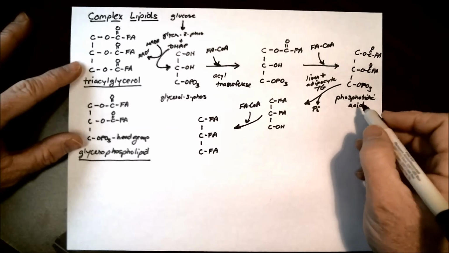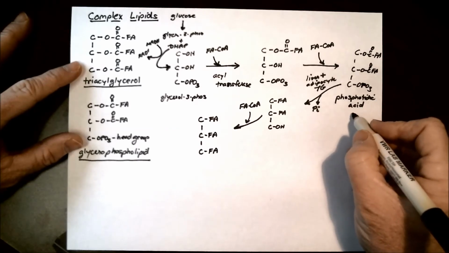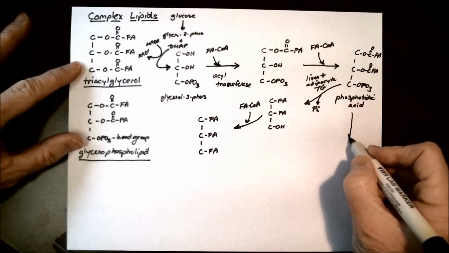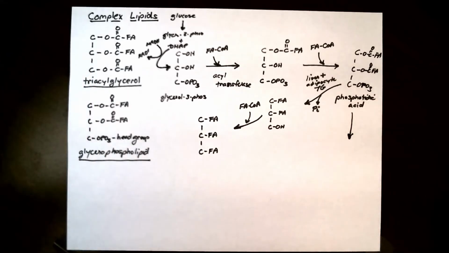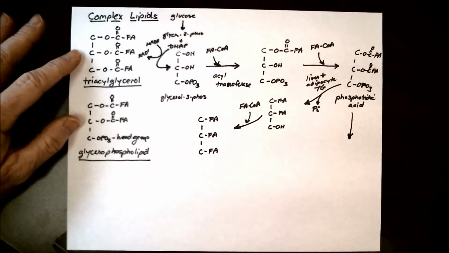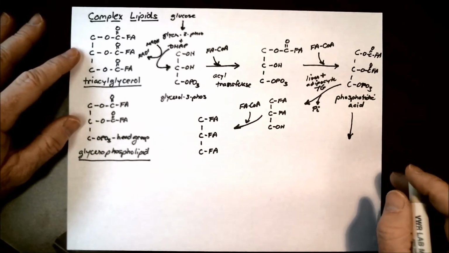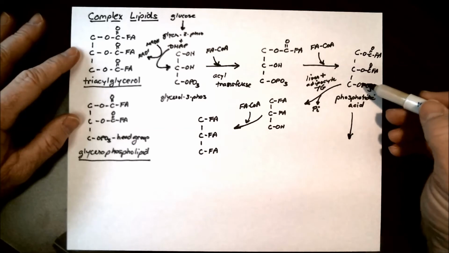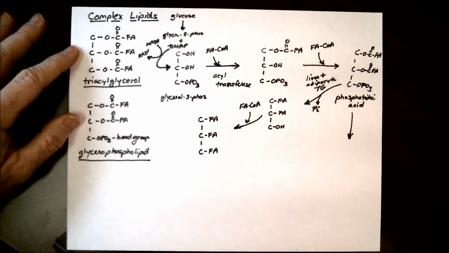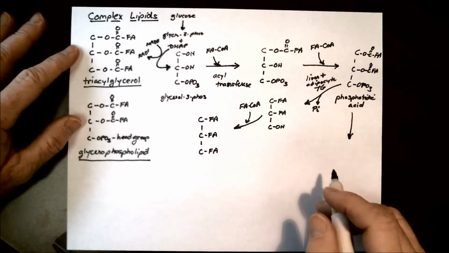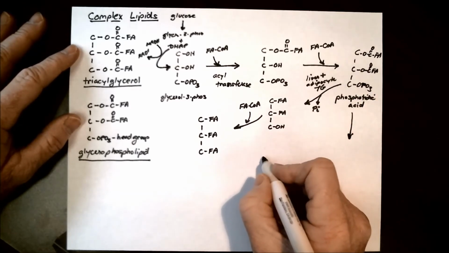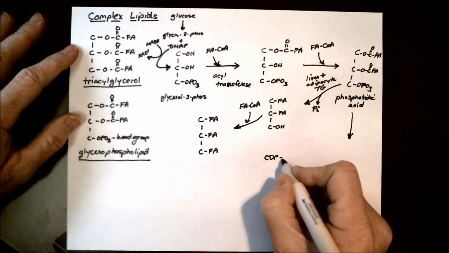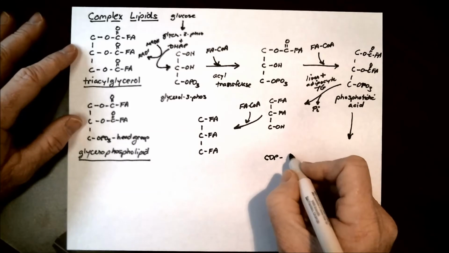The other direction we can have here with the phosphatidic acid is to add a head group. Now the head group can come in 3 primary forms, although there's additional ones we'll talk about in a second. And these head groups are going to be added onto the phosphate group. The 3 primary head groups that will be added will be phosphatidylserine, and I'll explain the CDP in a second.